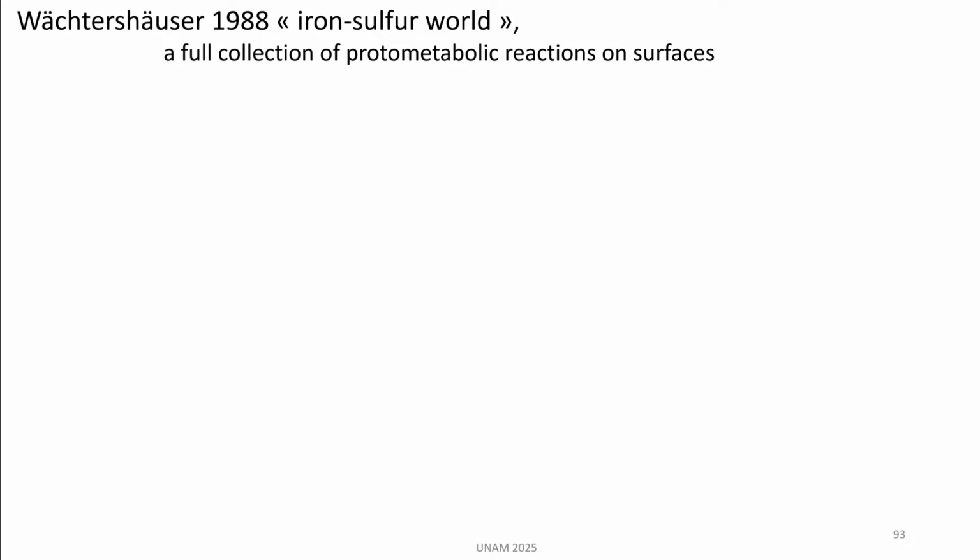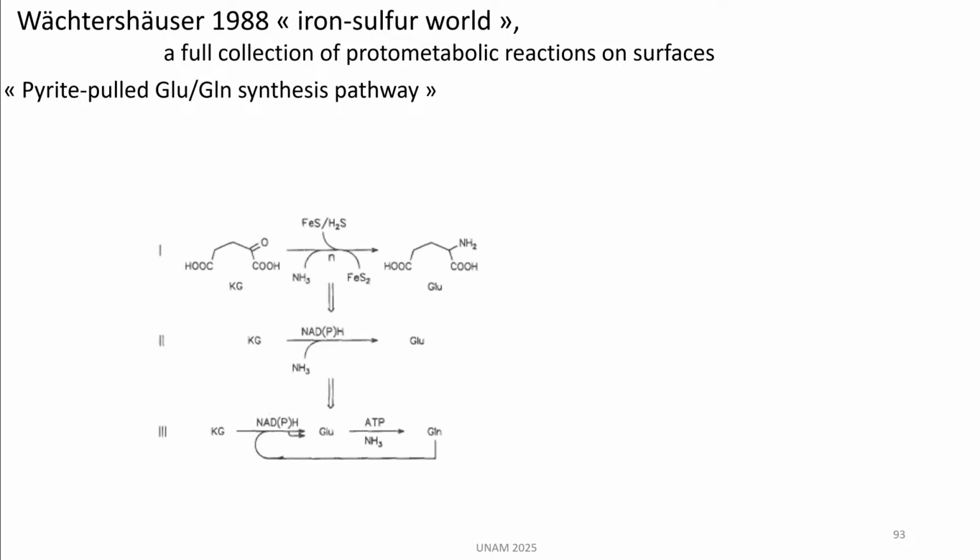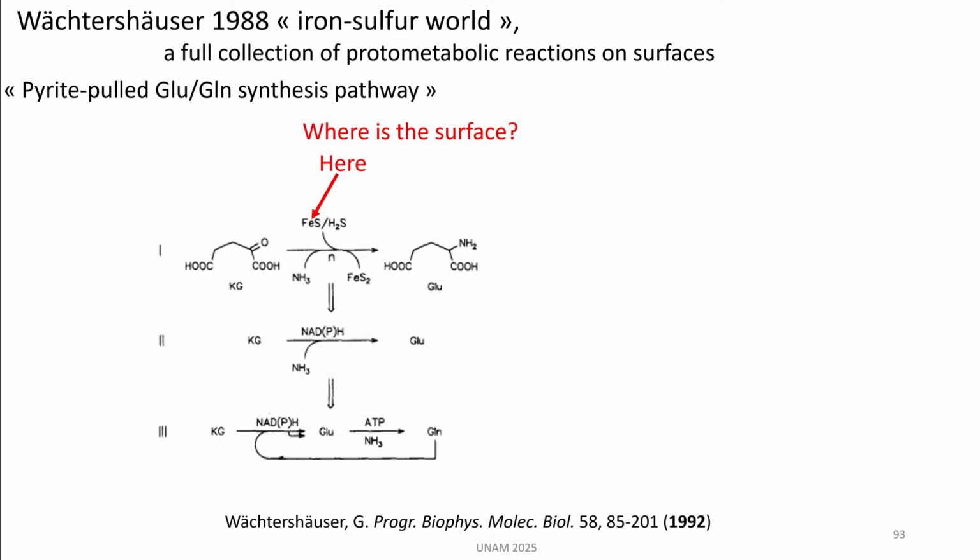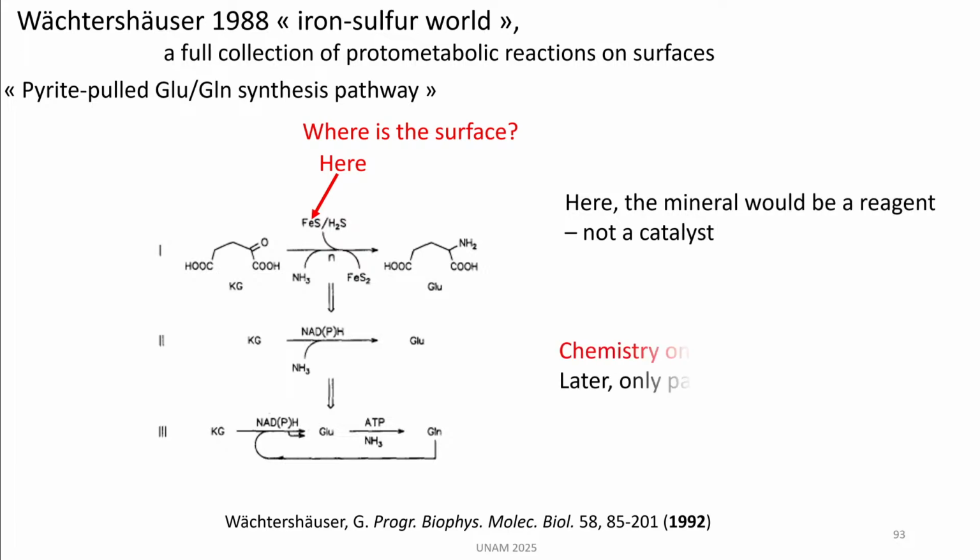And he just wrote some sets of synthesis pathways that could more or less do the same kind of things as current pathways of biological metabolism. Here it's maybe hard to see the surface, it's here. He used iron sulfides, and he used it actually as a reagent and not as a catalyst here.